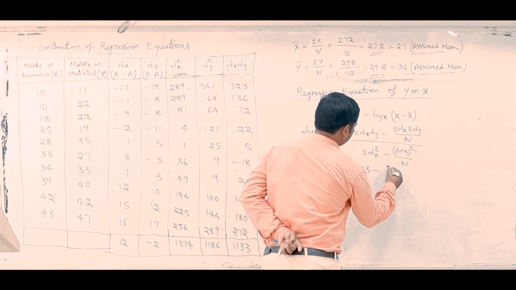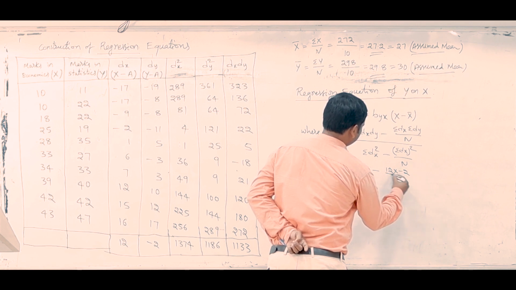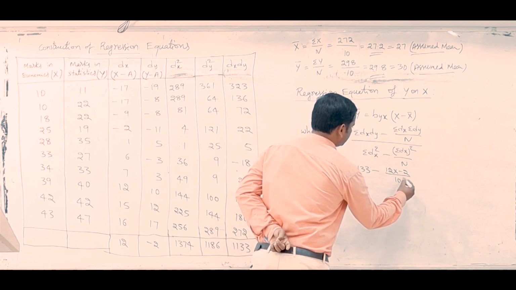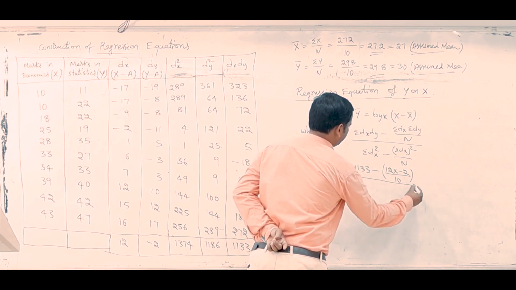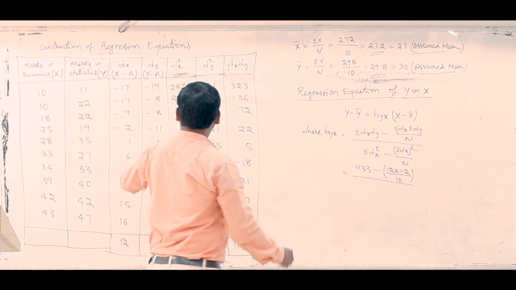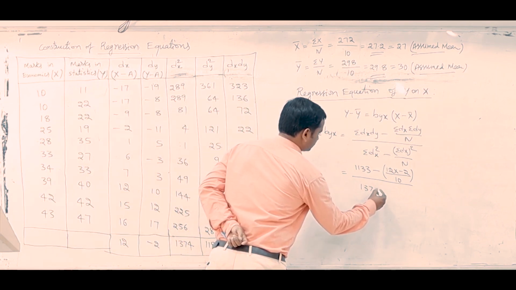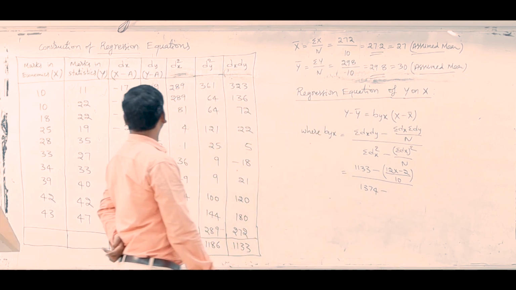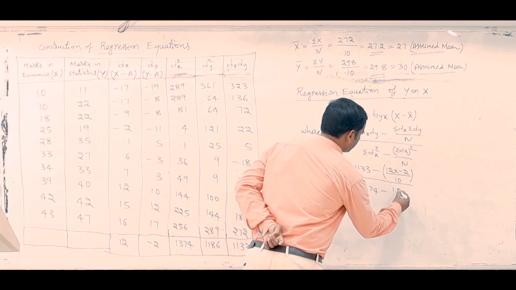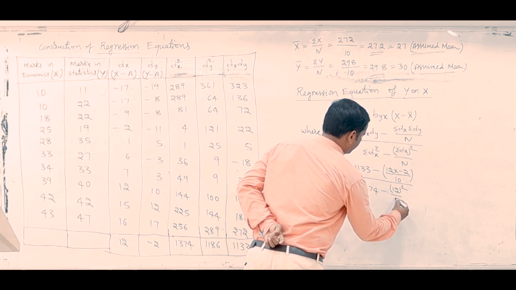So 12 into minus 2 divided by n, the number of items, 10, divided by summation dx square, which is 1374, minus summation dx, which is 12, square, divided by the number of items 10.